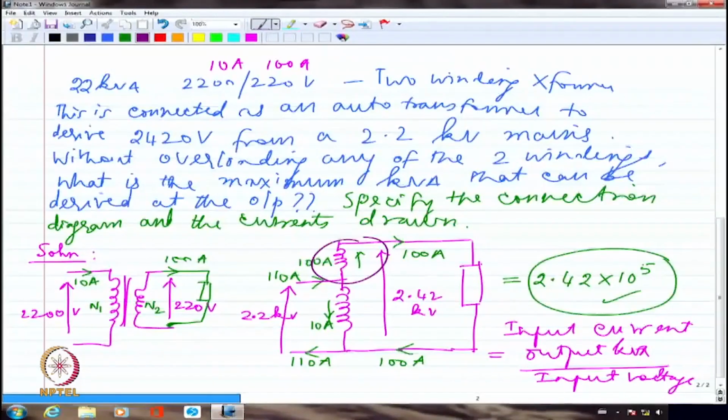So with respect to ground, if I look at the voltage here, that is more than 2.4 kV. So when I actually design my insulation, I would design it only for 220 volts. But now I am applying 2.4 kV. So it may not be able to withstand it unless I had strengthened or reinforced the insulation, knowing that I am going to use it like this. So this will definitely result in rupture.